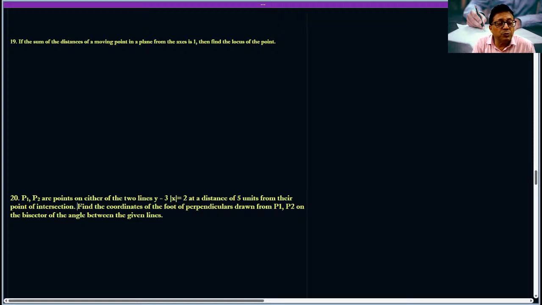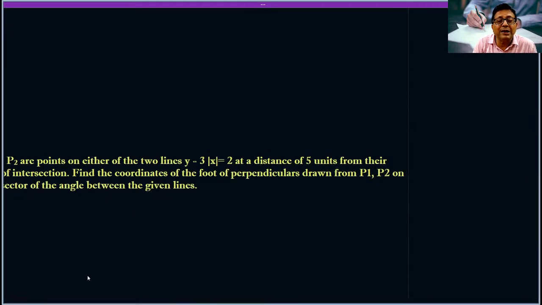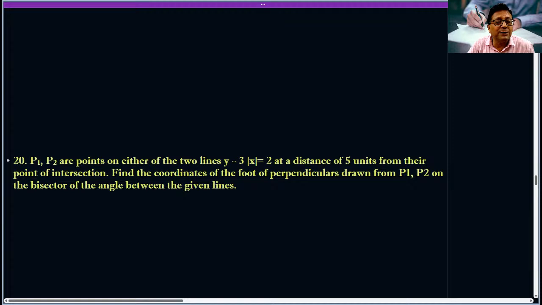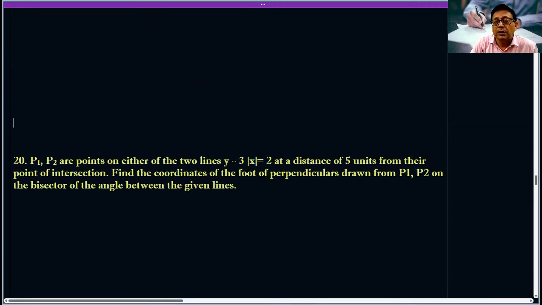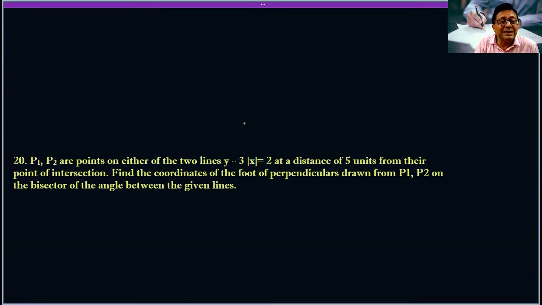If the points P1, P2, P3 on either side of two lines at a distance 5 units from their point of intersection, find the coordinate of foot of perpendicular from P1, P2 on the bisector of the angle.